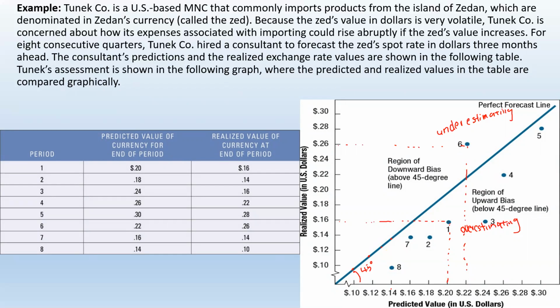When the dot is below this line, the model is overestimating the predicted value. And when the dot is above this line, the model actually underestimated the actual movement.